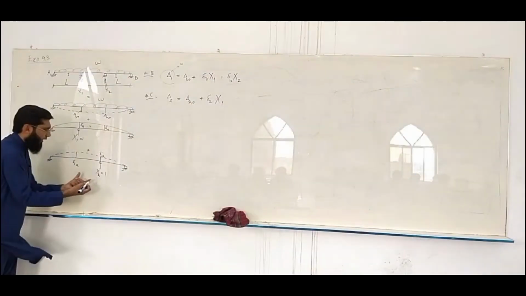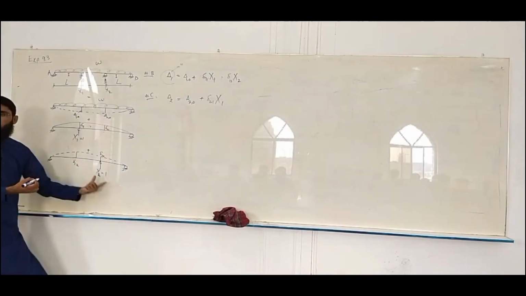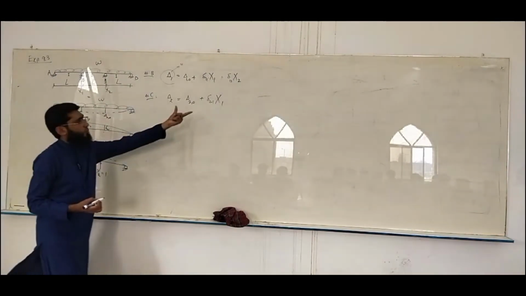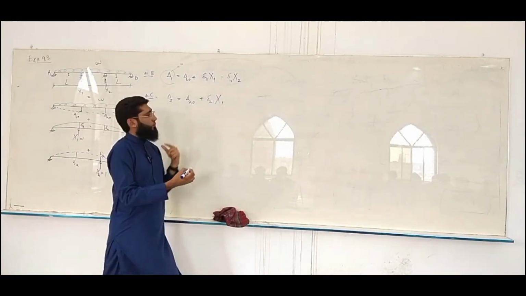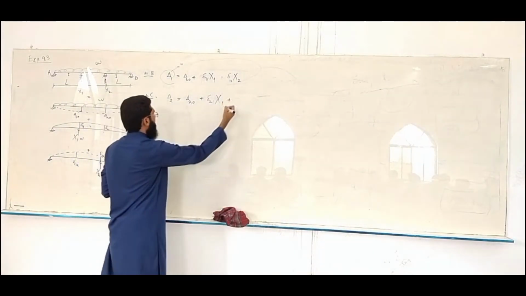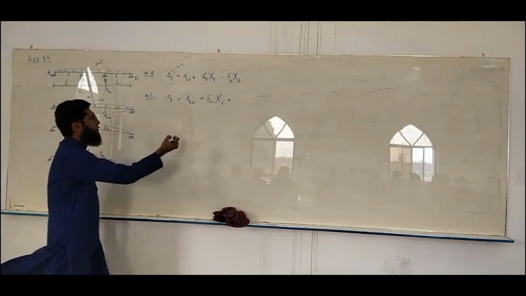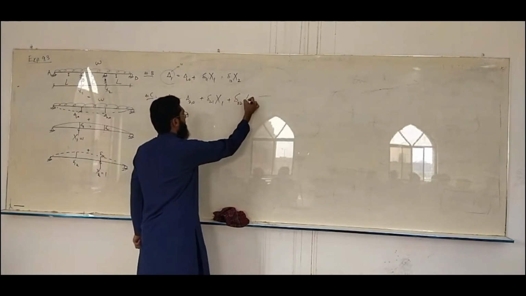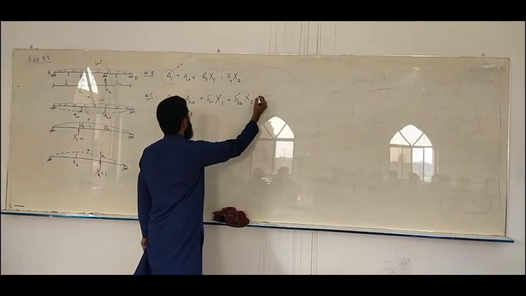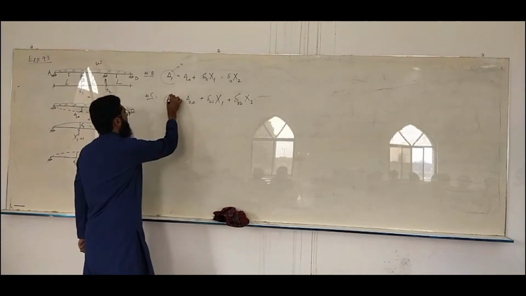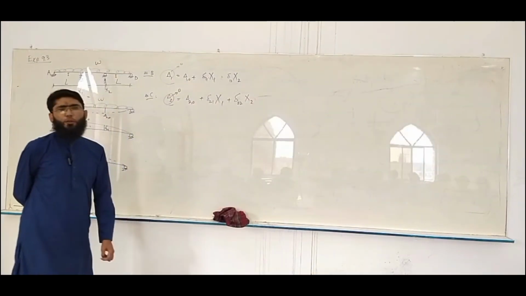So if you want to find the value of displacement over here due to the full value of x2, you have to multiply it by x2. So what should I write next? Delta 2 1 x1 plus delta 2 2 x2. And delta 2 in our case is 0. If there is settlement, you will take the actual value.